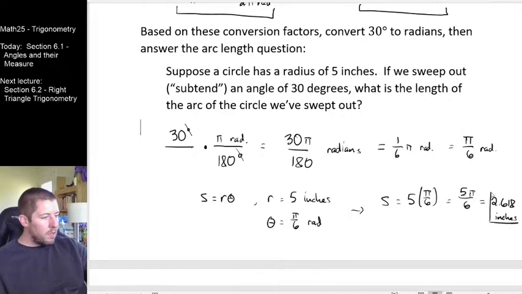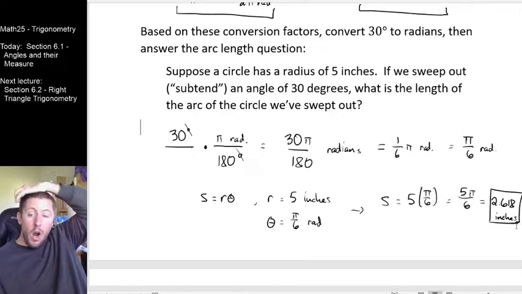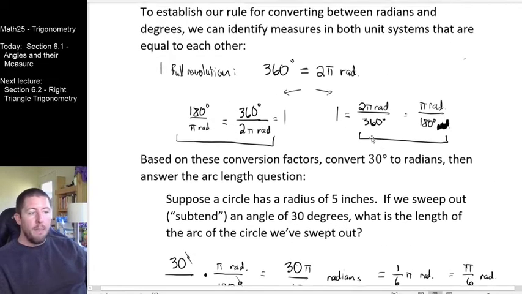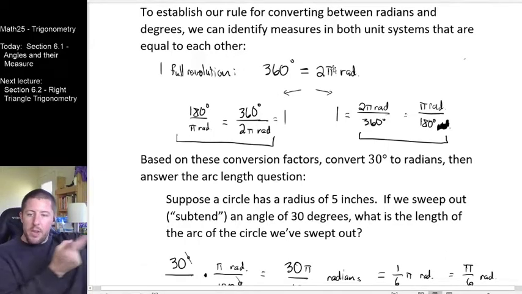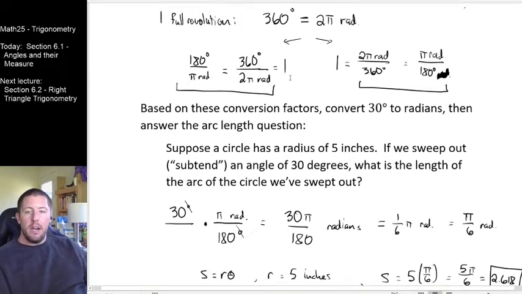All right. So we did a couple really important things here. We figured out what our formula should be on our own to compute arc lengths based on radius and angle. We figured out on our own how to convert between radians and degrees by just saying that since 360 degrees is the same thing as 2 pi radians, we can do the division either direction and recognize that these conversion factors are the same as 1, because we divided in both cases by the equal value on both sides.